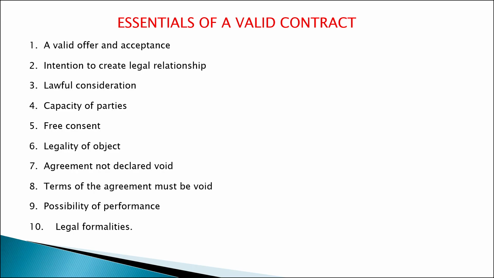The last one is legal formalities. For a contract to be enforceable in a court of law, it must comply with the necessary legal formalities as to writing, stamp duty, registration, certification, witnesses, etc. So the contract will be a valid contract only when all the essential elements mentioned above are present in it.